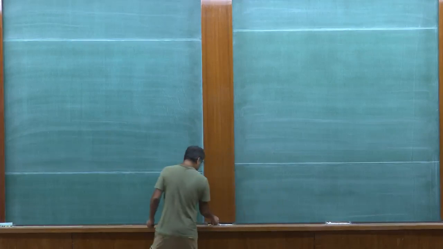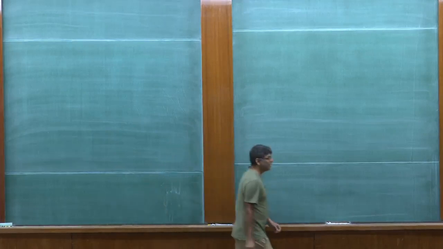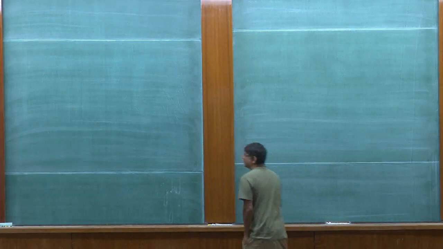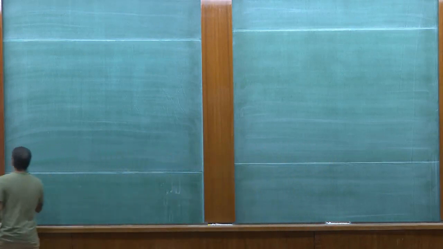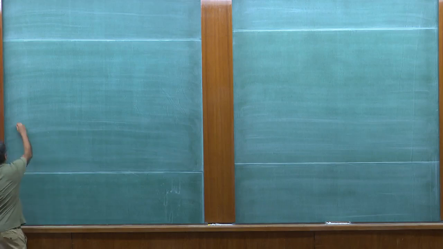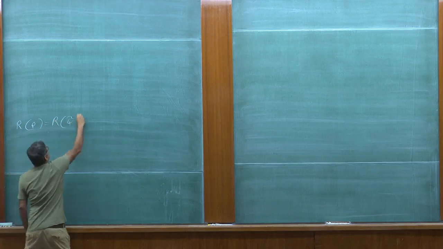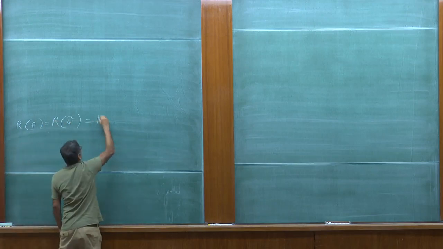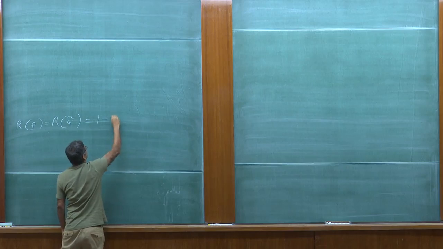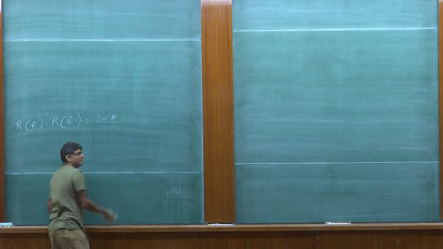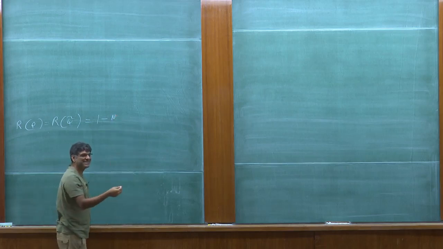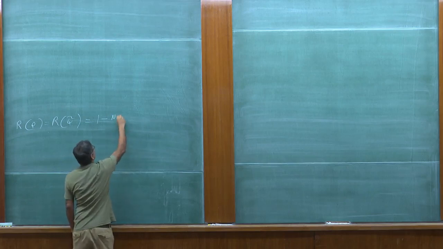To complete our discussion this time about the case NF equals NC plus 1. Now that we've seen it so many times, we will just remember that the R charge of Q, which is the same as the R charge of Q tilde, is 1 minus NC by NF.